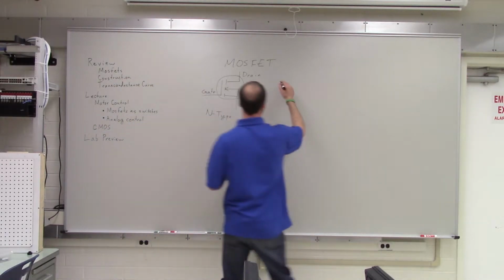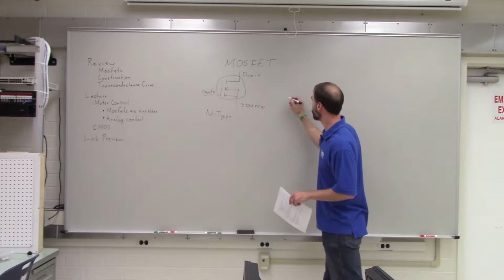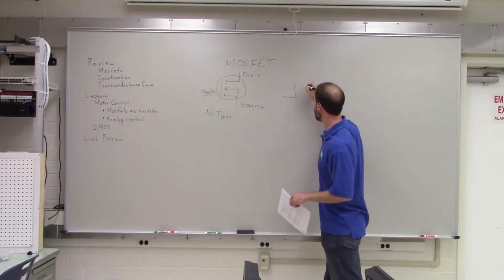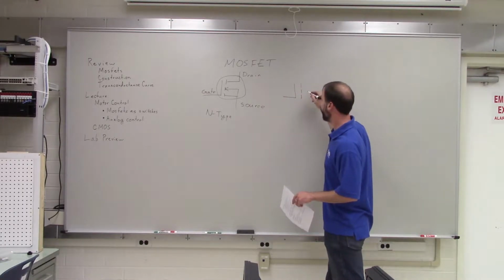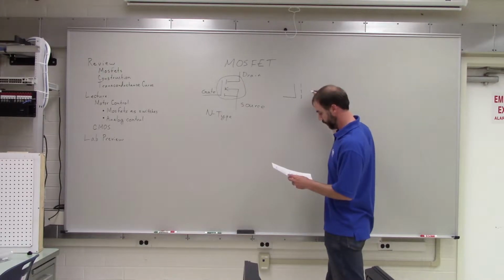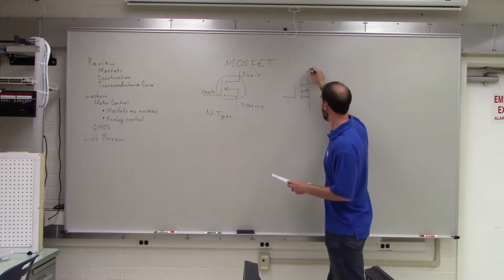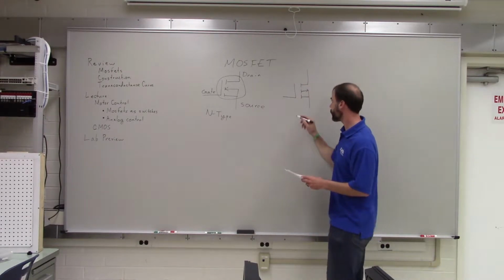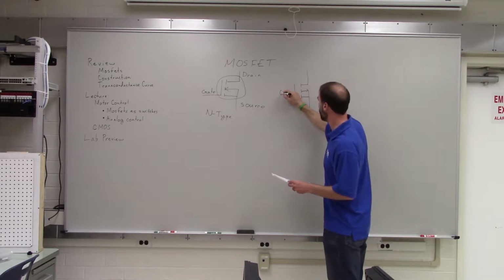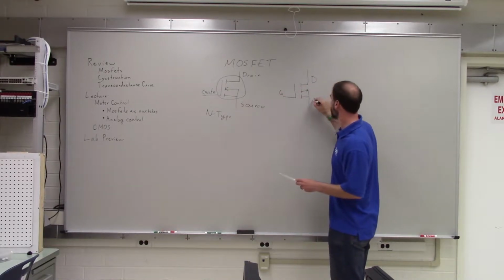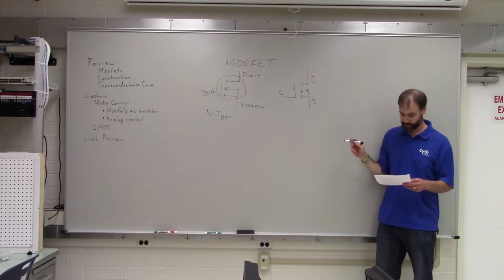And then there was the other type of MOSFET, the P-type, and that was drawn like this. It looked very similar, except that the arrow was pointing outwards. So again, this is the gate, the drain, and the source.